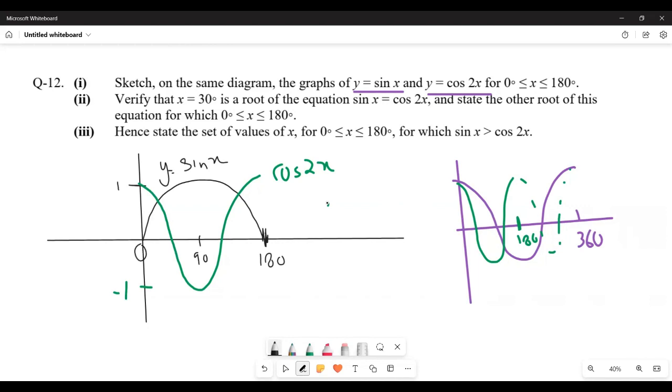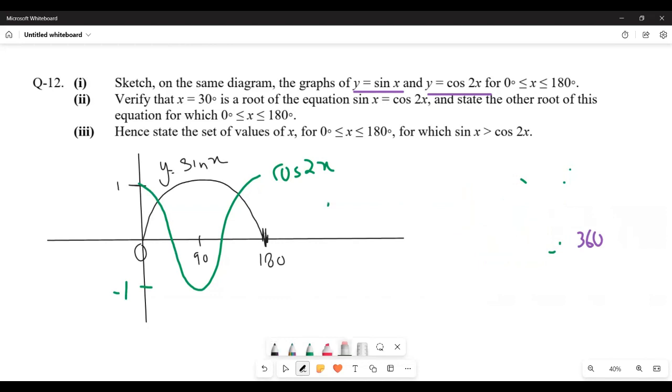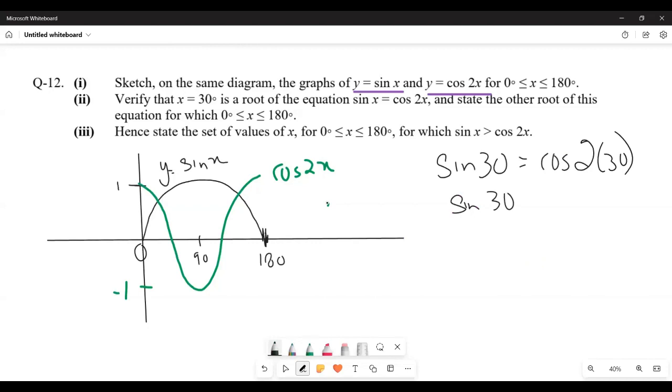Verify that x equals 30 degrees is the root of this equation. So all you have to do is substitute 30 in the equation and show that the left-hand side is equal to the right-hand side. It's 2 times 30, which is 60. So you must show that sine 30 is equal to cos 60. And I think both of them equal half.